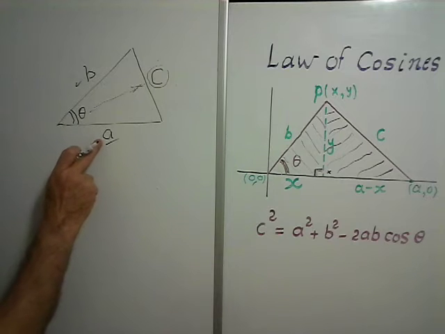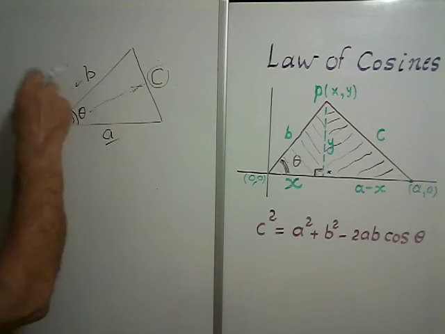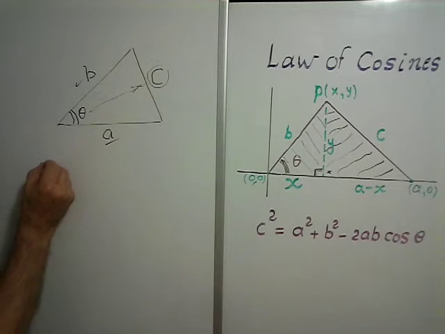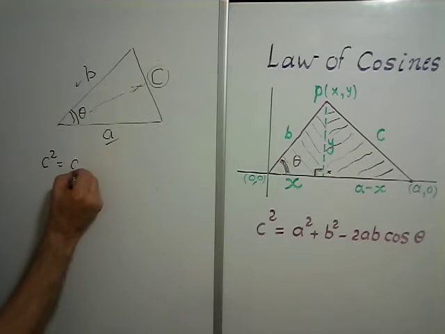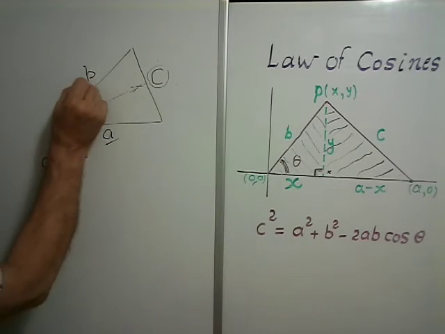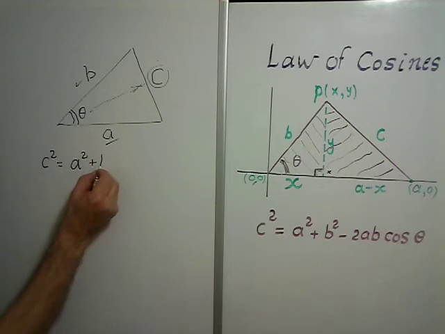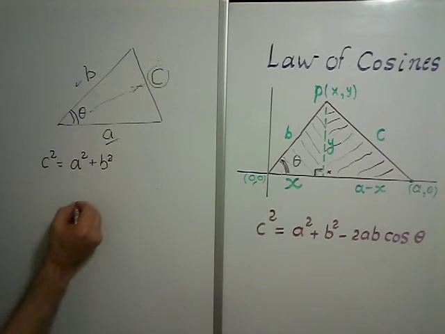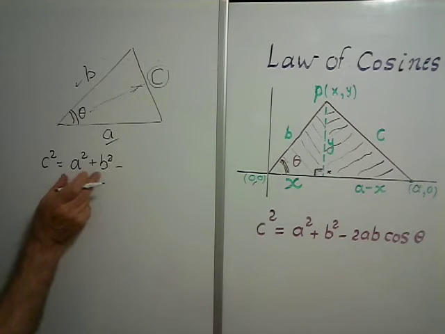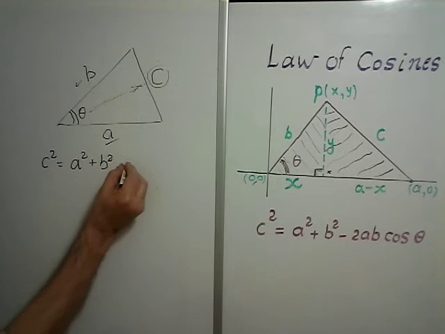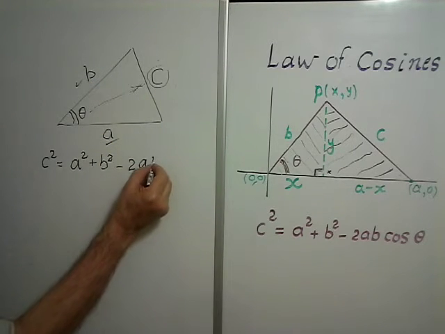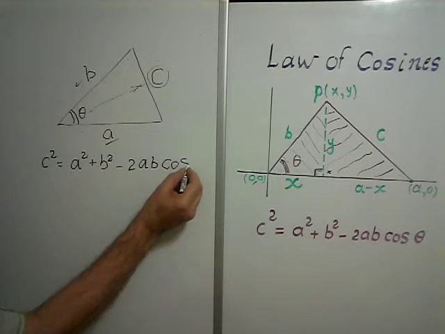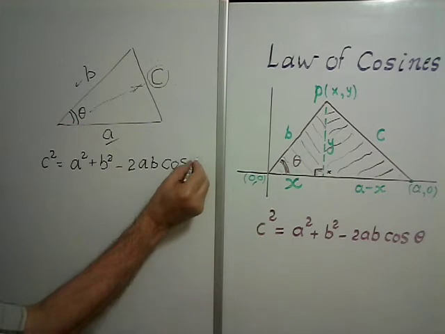This multiplied by itself, that means square it, and this square it. So you got the length of the side C is this after multiplied by itself, that means squared, and this multiplied by itself, that means squared also. And we subtract from these two when they added together the double of multiplying A by B by cosine angle, this angle theta.